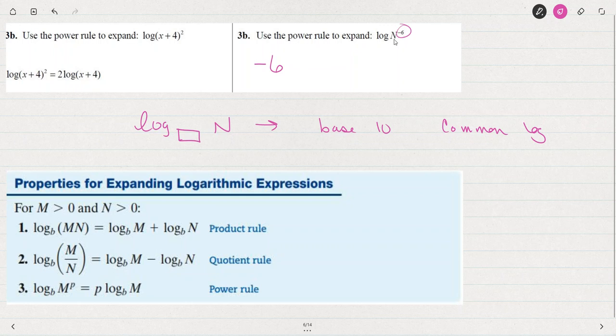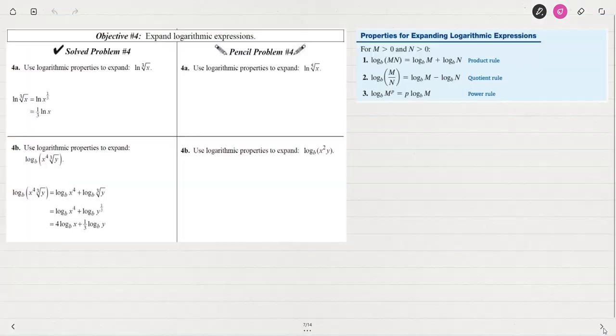So log of n to the negative 6 is equivalent to negative 6 times, I don't even have to write that times sign down, but that's the operation we're doing though, negative 6 times log base 10 of n. That's the power rule. Let's look at another example.